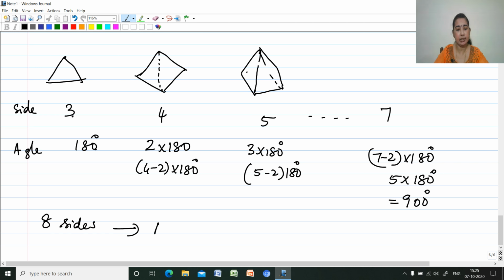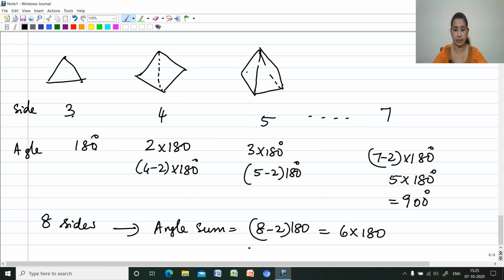Now if it is an 8-sided figure, how much will be the angle sum? It will be (8 minus 2) into 180, that is 6 into 180. 8 sixes are 48, so 1080 degrees is the sum of the angles.